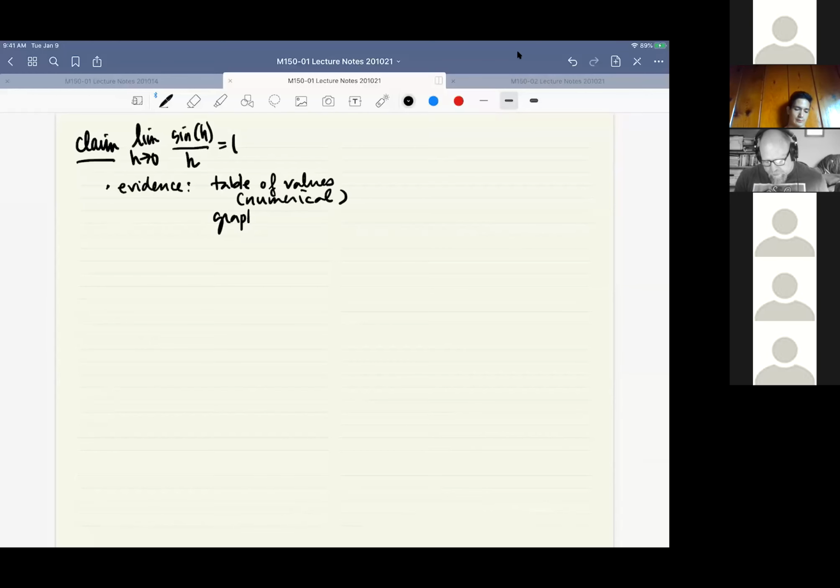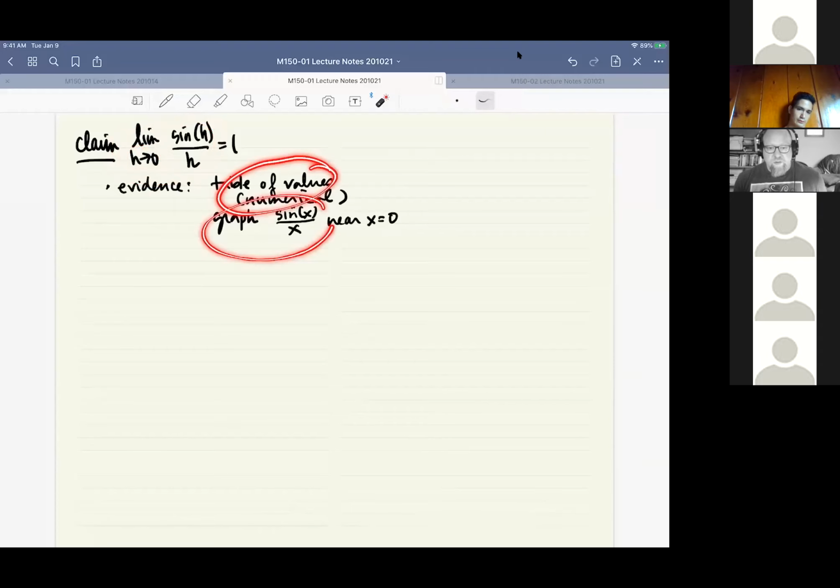Or we might take a look at a graph of sine of x over x and look to see what it's doing near x equals 0. Because after all, that's what a limit is: you're looking at a function near, in this case, h equals 0. If we made a table of values and graphed, we'd say there's evidence that this limit equals 1. I'll let you do that on your own time.